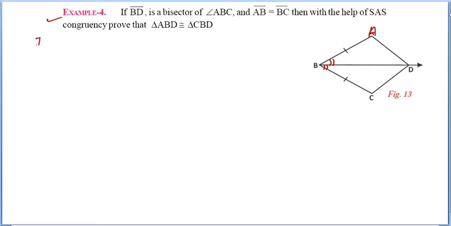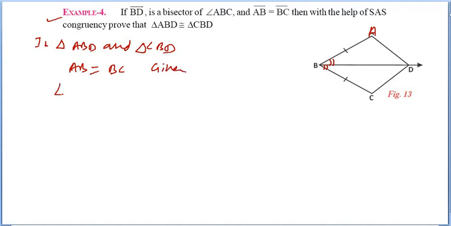So you can write here, in triangle ABD and triangle CBD, the two are given. So AB is equal to BC, it is given. Now the angle ABD is equal to angle CBD. Why is this angle equal? Because BD is the bisector of angle ABC.